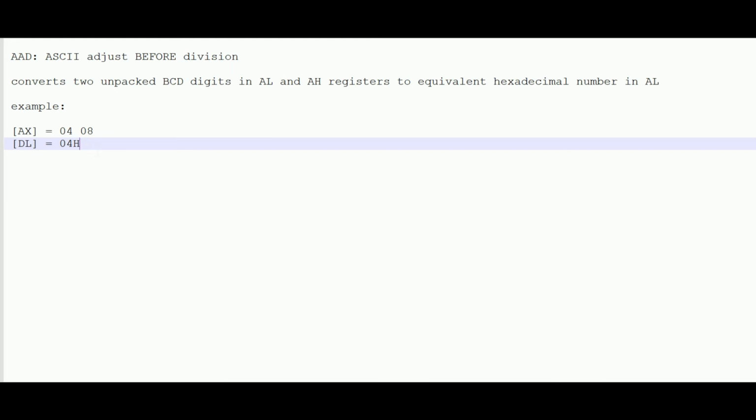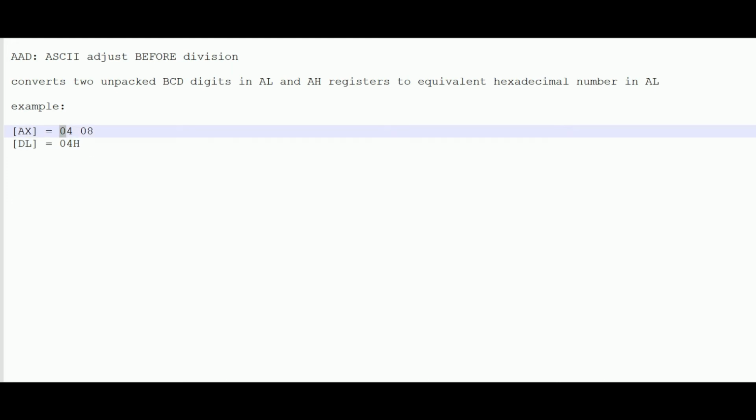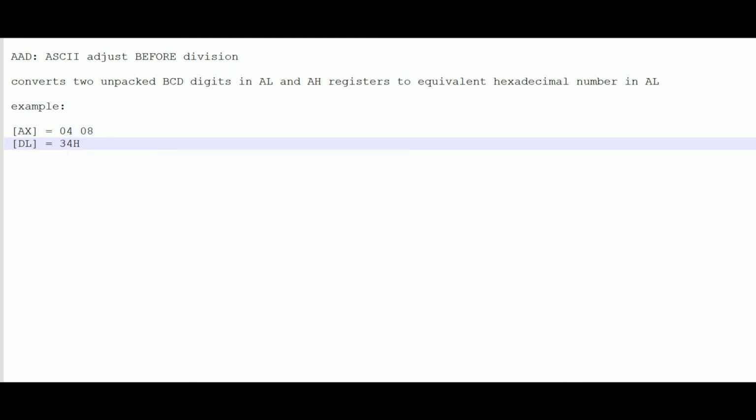When the operator keys in 4, it will be stored as 34, and 8 as 38. So masking of the higher nibble has to be done, resulting in 04 and 08. How will you mask? You use the logical AND operation. Try figuring it out; I have shown one example before. And DL will initially be 34, but due to masking it will become 04H.